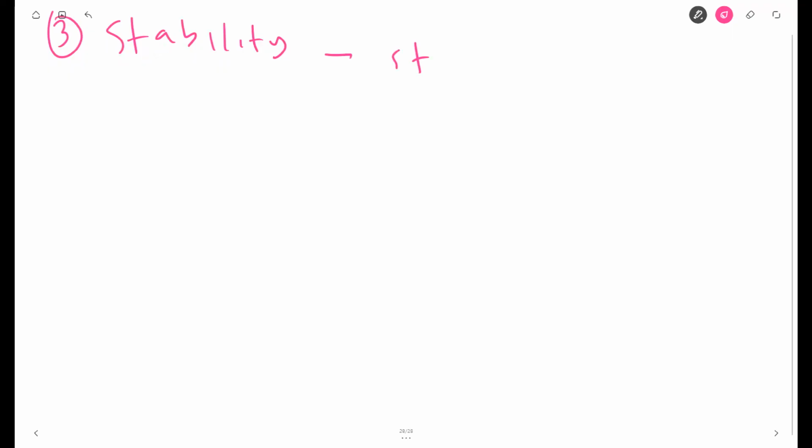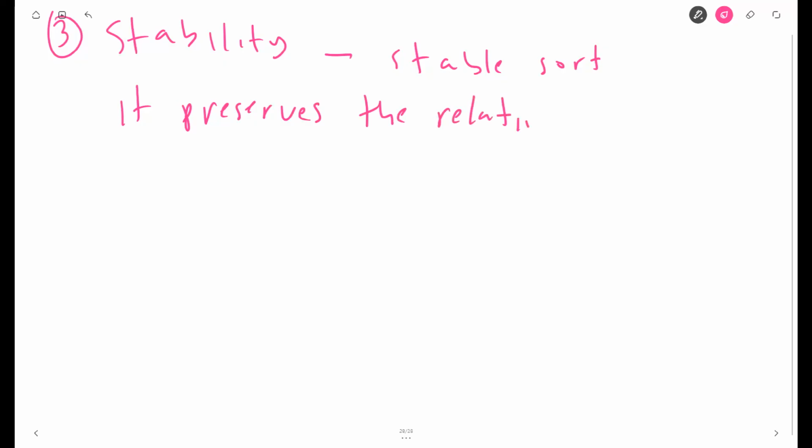It is a stable sort. That means that it preserves the relative order of equal elements.